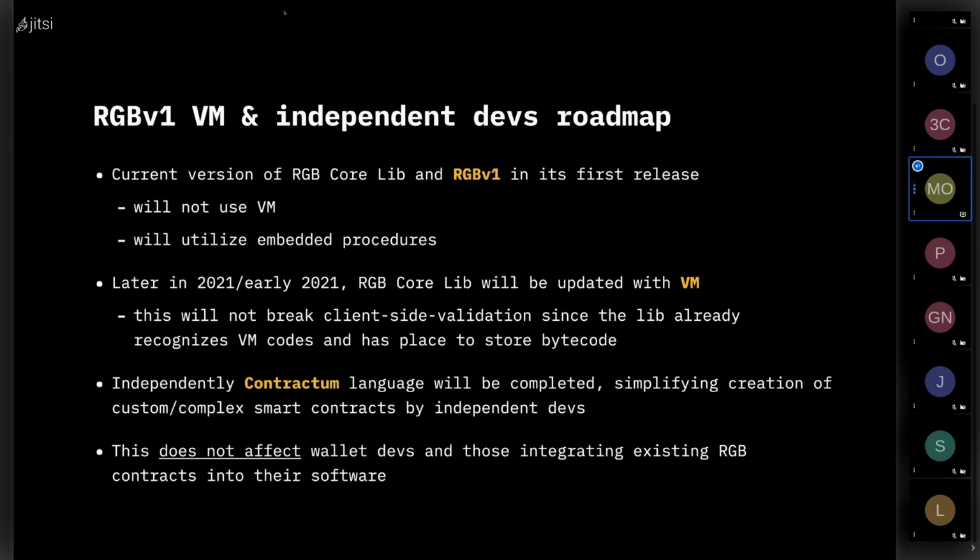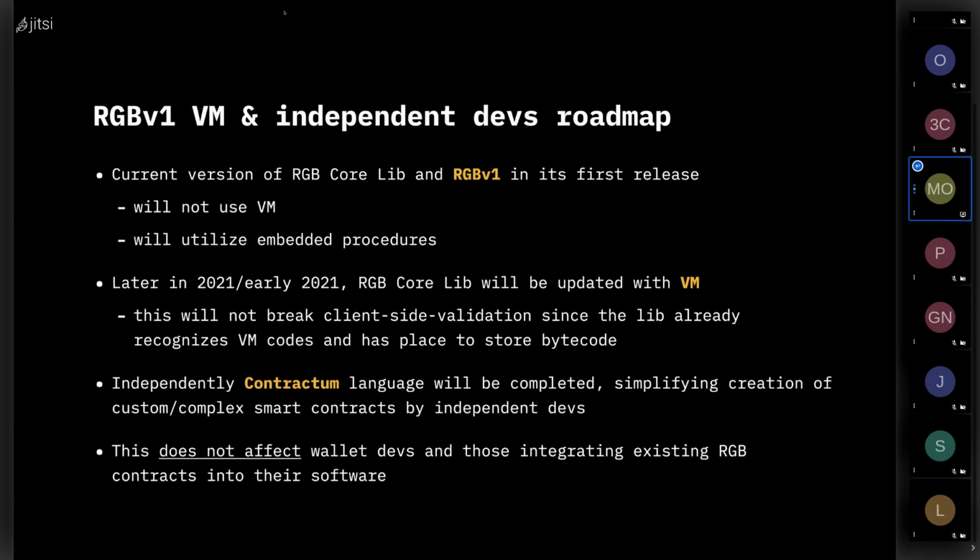It will be able to understand that the schema uses a specific virtual machine and there is some bytecode which needs to be run. So this is already part of it, but we don't have the virtual machine yet. It is planned to be completed late this year or early next year. And the RGB core library will be updated with the virtual machine.